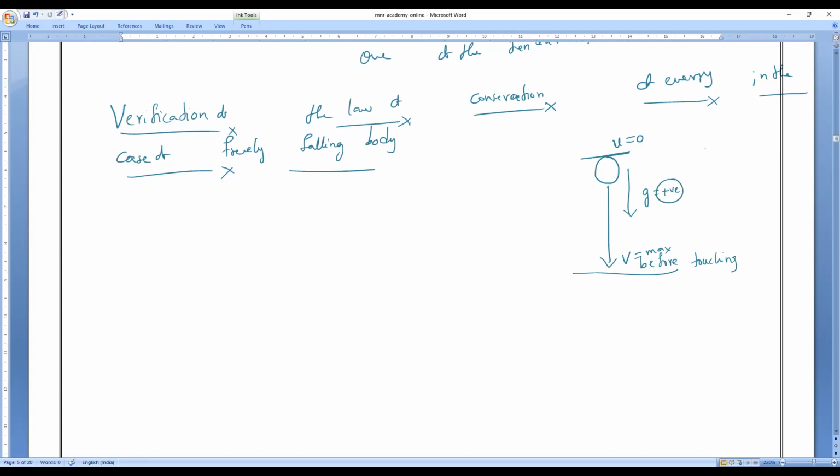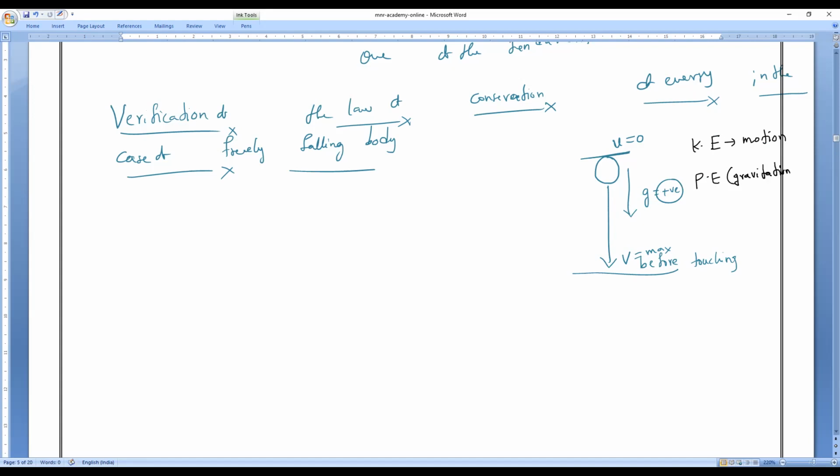Next, what do you mean by kinetic energy? Kinetic energy is possessed by the body only due to motion. Now, which potential energy is it in free fall? Gravitational potential energy.